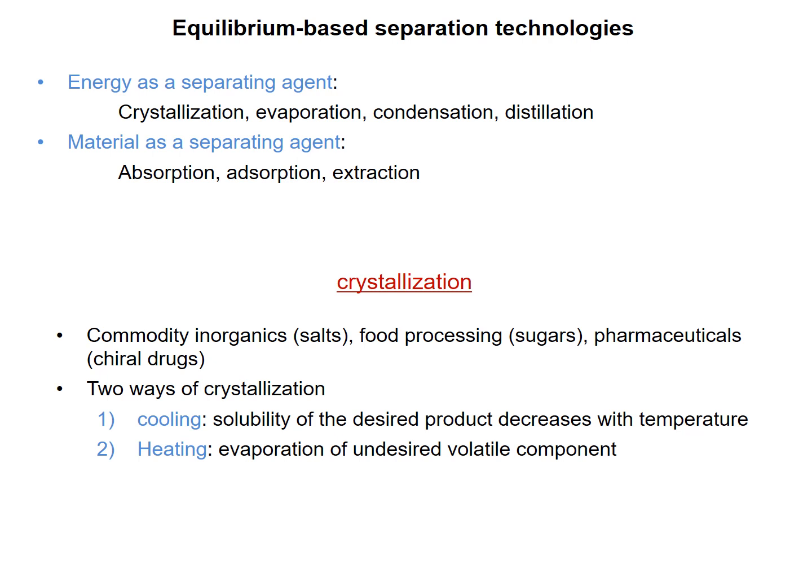The other way is heating, for example, evaporation. By evaporating the undesired volatile component, you could crystallize the desired product.